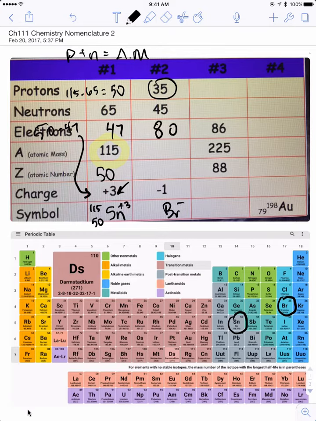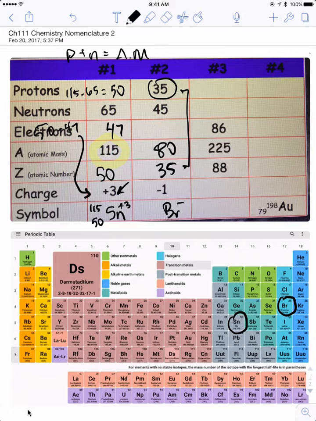So the atomic number is the same as the number of protons. And atomic mass, oops, excuse me, I put that in the wrong place. This should be 80 here.